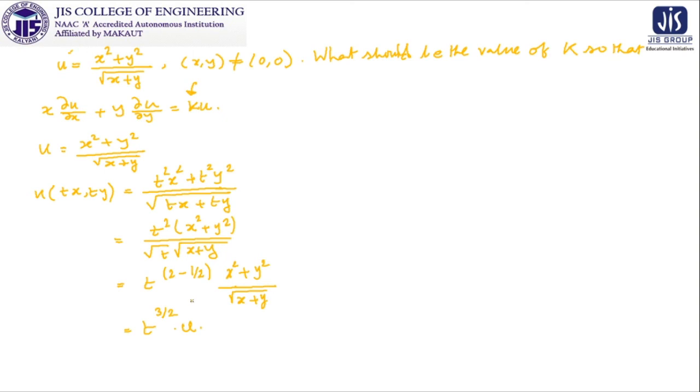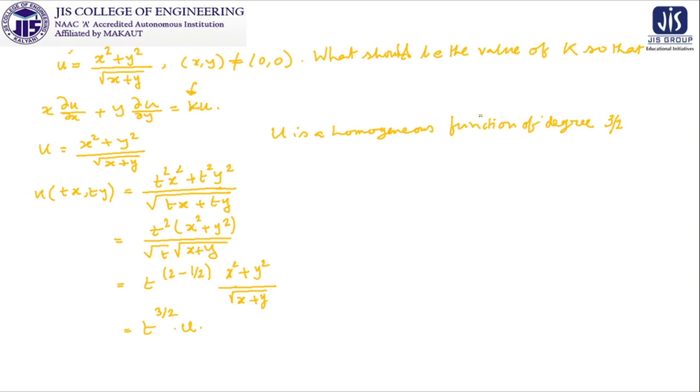So what we get is that u is a homogeneous function of degree 3 by 2.